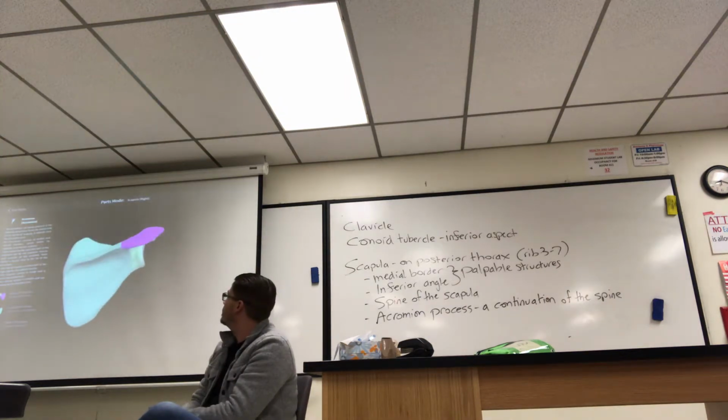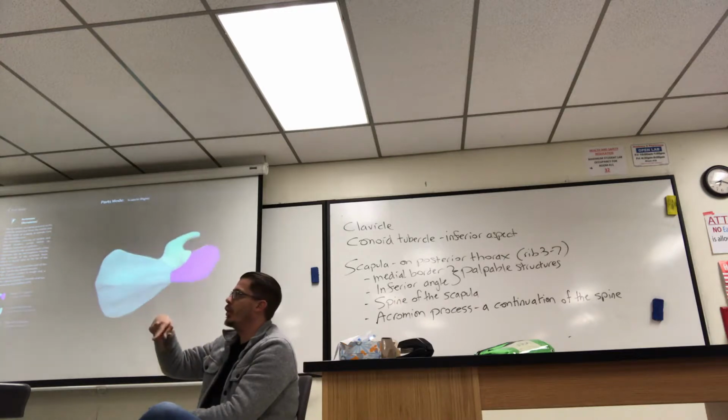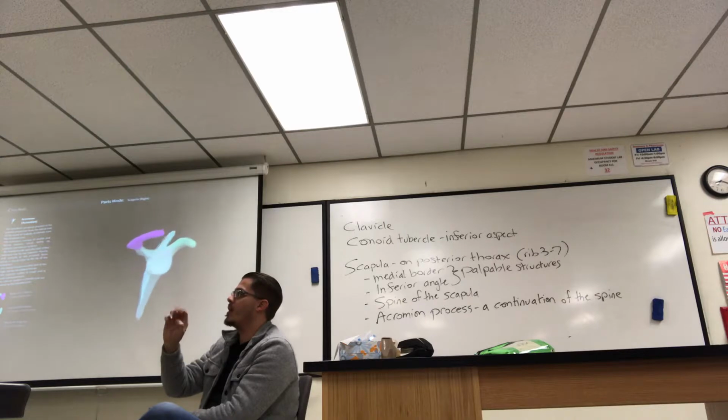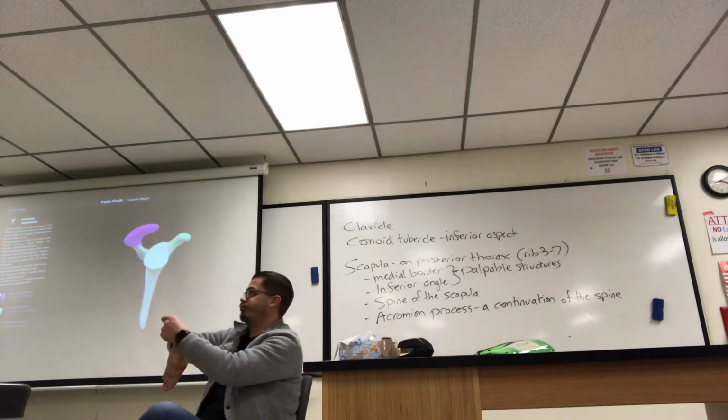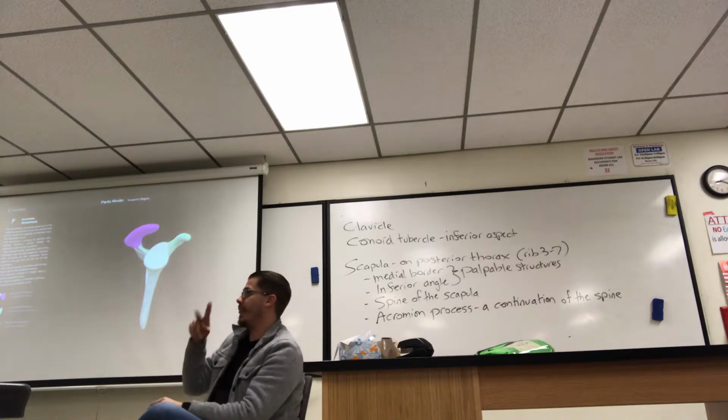There it is, highlighted in purple. Okay, just continues on from the spine. That's what the scapula looks like from a lateral view. That's what the acromion looks like from a lateral view.